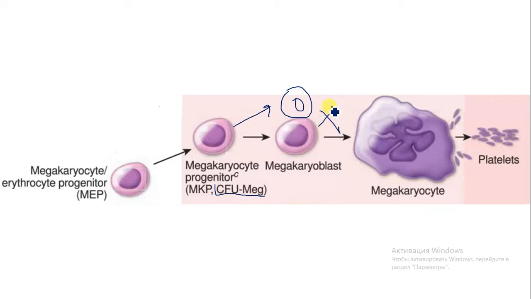So instead of a mitotic division, here goes the process which is known as endomitosis. Endomitosis is a process by which we also have a split.